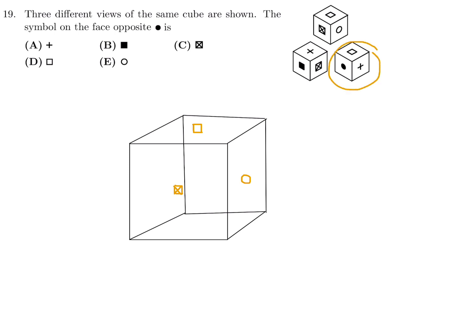I'm going to try to put that in. So based on the orientation, it looks like the plus could go here, and then the circle that's filled in will be the one that's at the very back. So like that. And then let's try to figure this out.